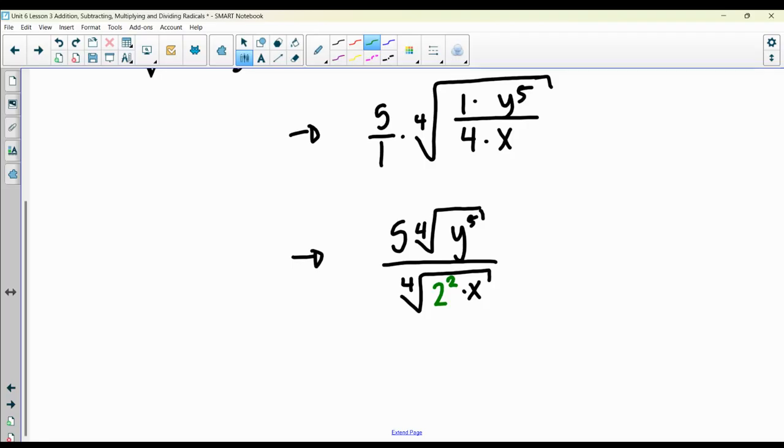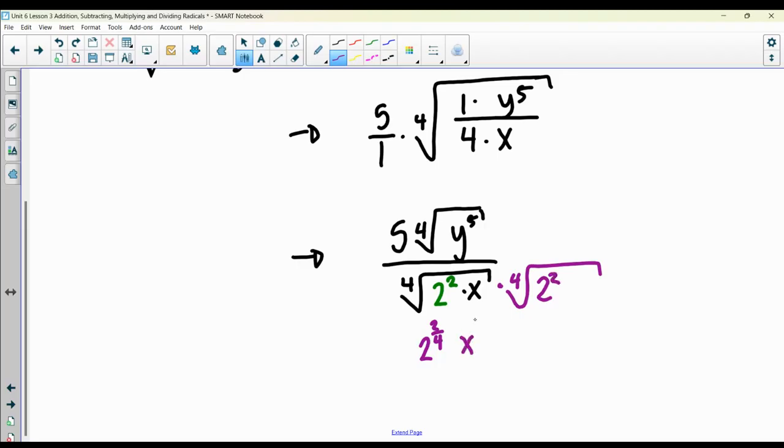Remember from your rationalizing with fractional exponents that 2 squared under a 4th root is 2 to the 2 fourths. How do we make 2 to the 2 fourths the next whole number? We would have to multiply this by 2 to the 2 fourths again, which means we're multiplying this by the fourth root of 2 squared.